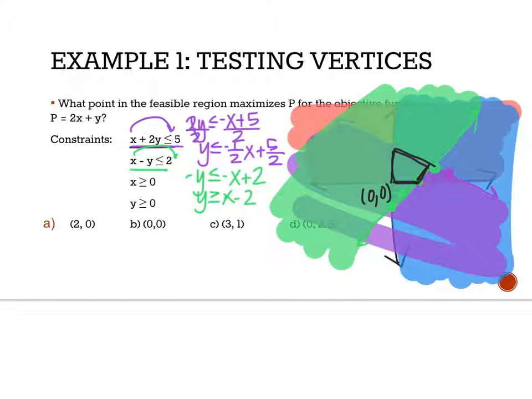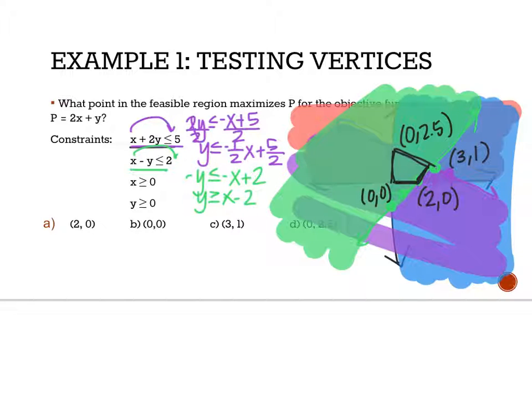So here's my next vertex. That's 2, 0. Then here's my next one, so that's 3, 1. And then my last one is up here, and that's actually going to be 0 and then 5/2 or 0 and 2.5. And that's where all these points down here actually came from.